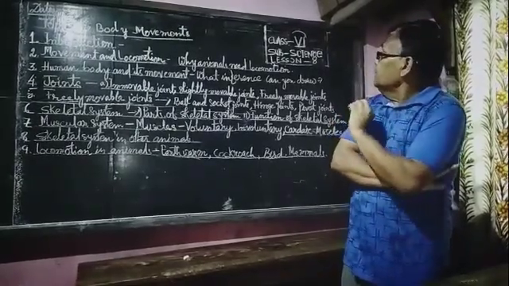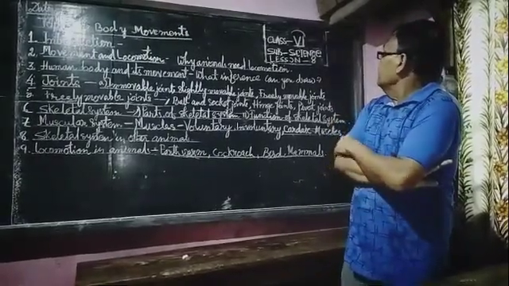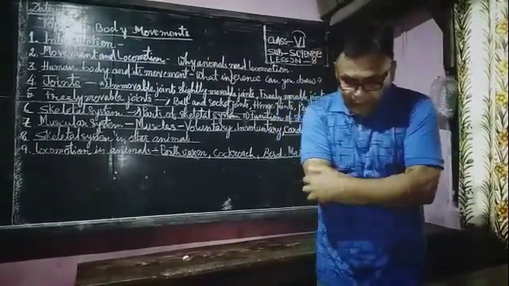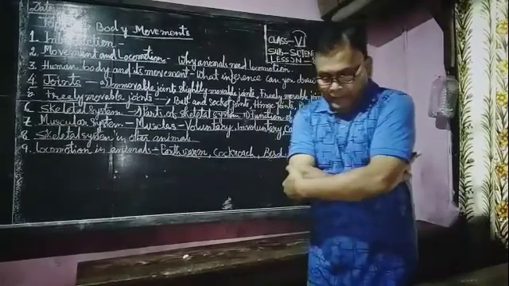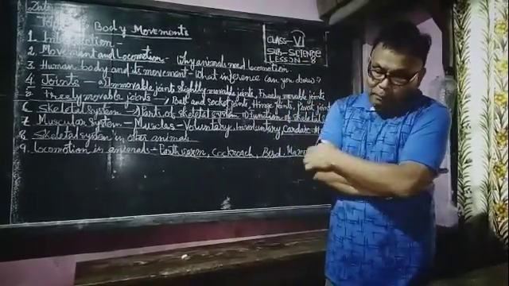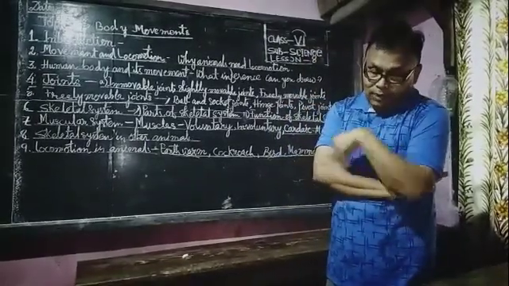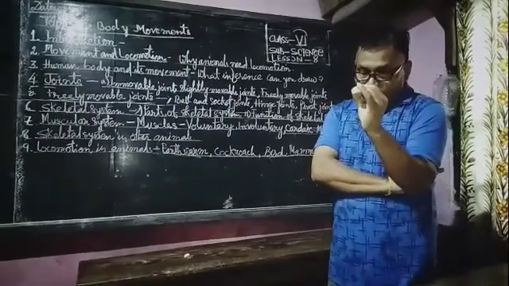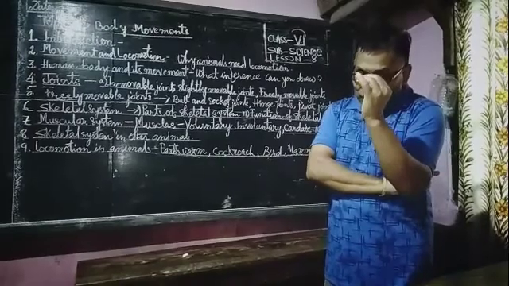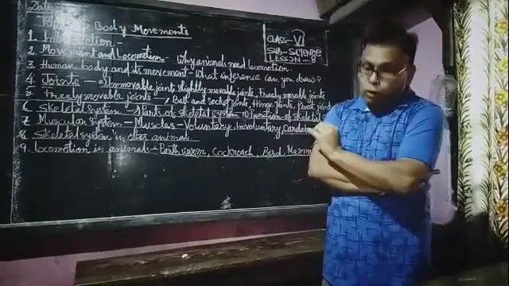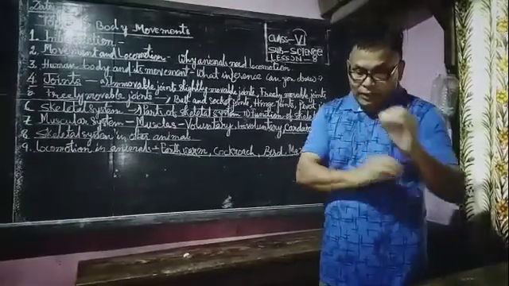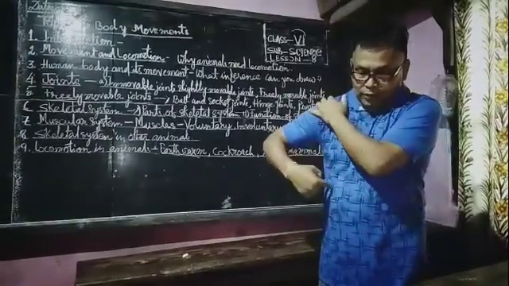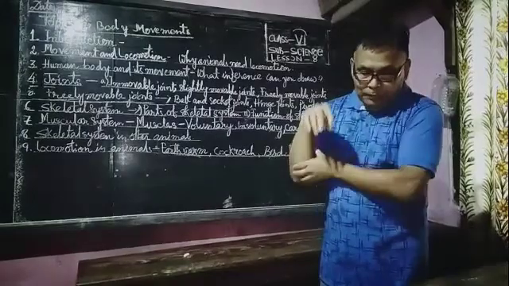One question arises: what inference can you draw from this? The important inference is that we are able to rotate or bend only in places where two parts of our body are joined together, like neck, shoulder, elbow.